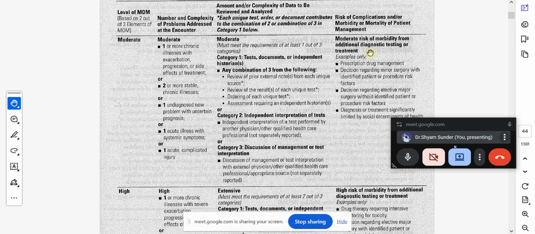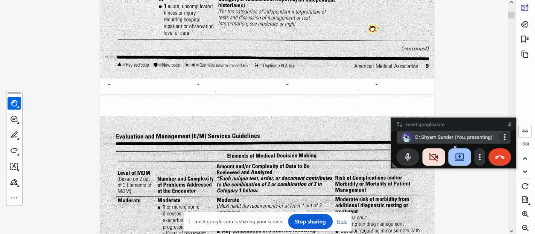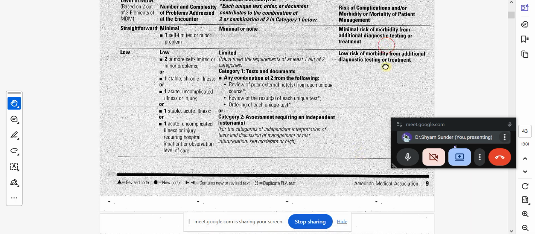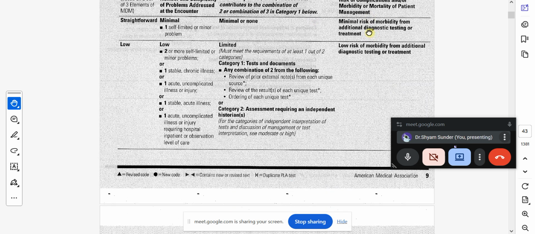Now coming to the third element, risk. Risk due to tests or treatment. It could be anything. Now coming to straightforward, like I said, if it is just throat pain that started last night, throat discomfort, there won't be any treatment, there won't be any tests. So it's minimal risk or no risk.